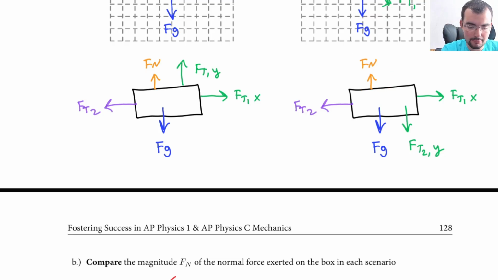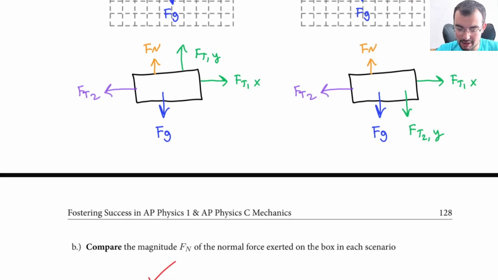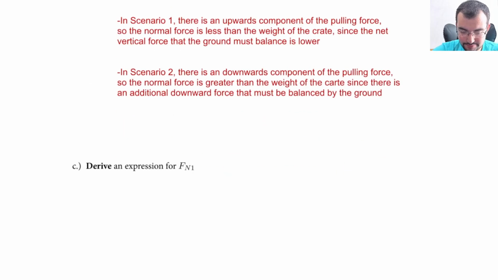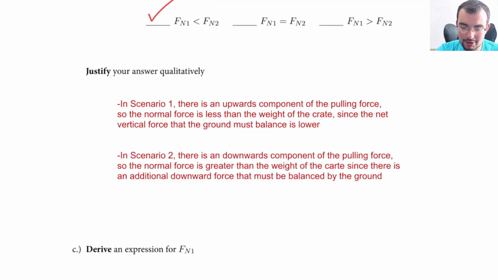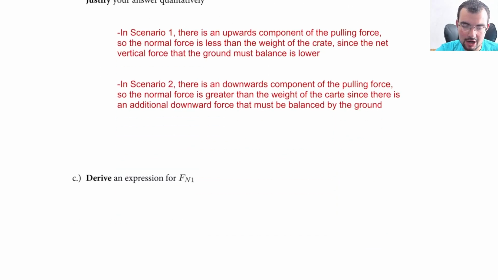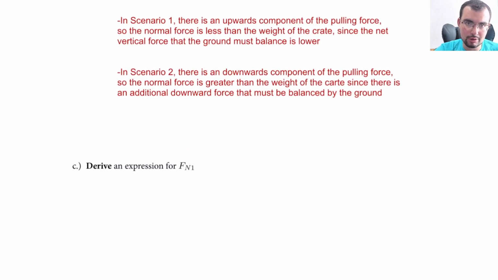So here, the normal force is less than mg because it's getting help, and here, the normal force has to be larger than mg because it's being opposed. And I misspelled crate. Lovely. We have an upward component of the pulling force, so less than mg in scenario 1. We have a downward pulling force, so greater than mg normal force in scenario 2.